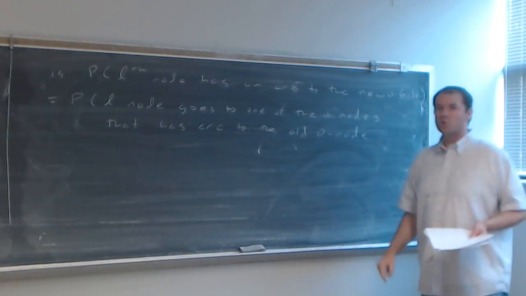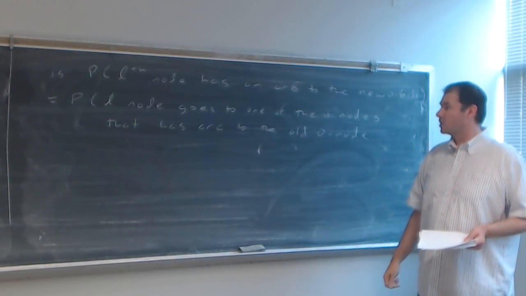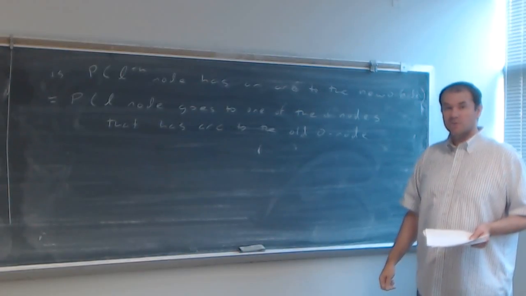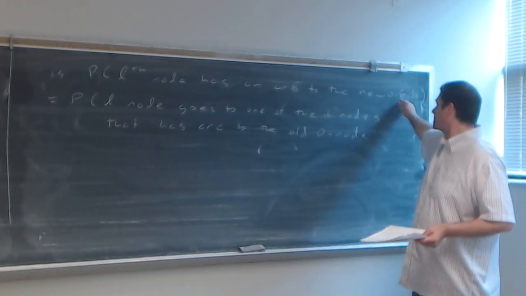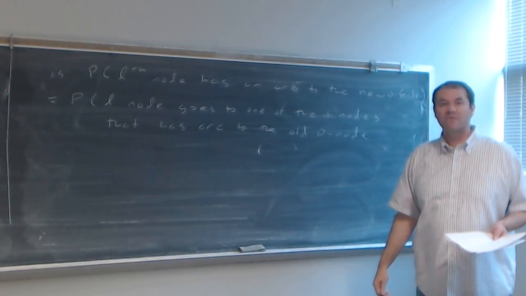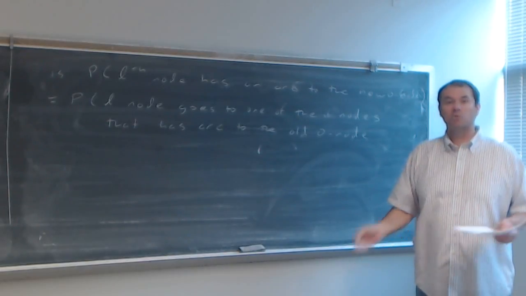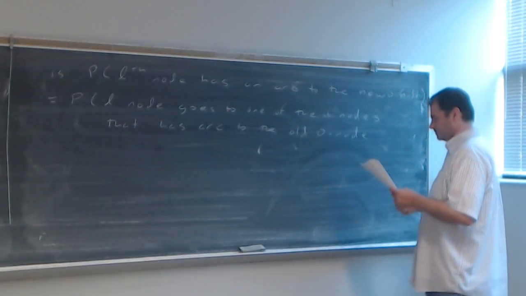See, the Lth node didn't have an arc to the 0 node, okay? And so it has to go somewhere. So to go to the new 0 node, that meant that the Lth one had to be sent to one of the I regular nodes that were sent to the old 0 node. Okay?